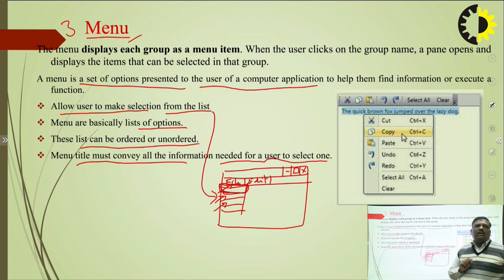When we select Save as, Save, Select all, Open, Copy, Cut, Paste, they must convey all the information so that the user can easily understand the meaning. So this one is menus.